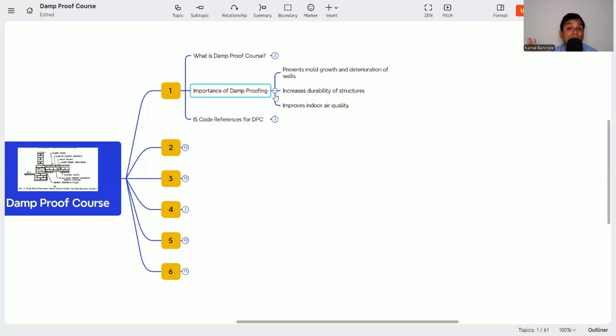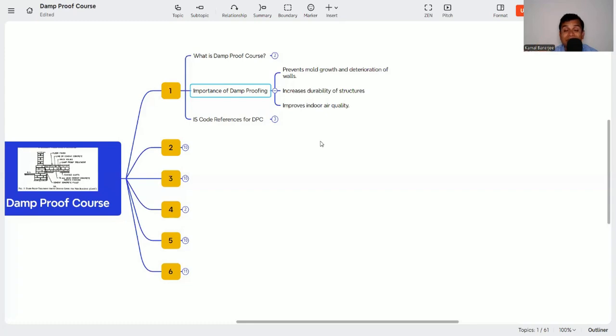It protects the wall from deterioration and increases the durability of the structure, because if moisture increases in the structure, durability will be a problem, because with the help of moisture, chloride attack, sulfate attack, corrosion of steel, carbonation of concrete, everything will happen, and it will deteriorate the concrete strength and the durability. So it increases the durability of the structure, and it also improves indoor air quality.